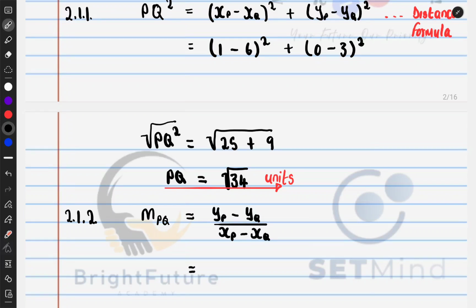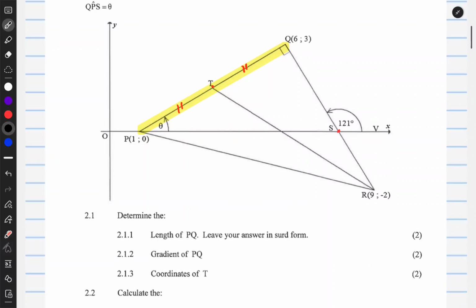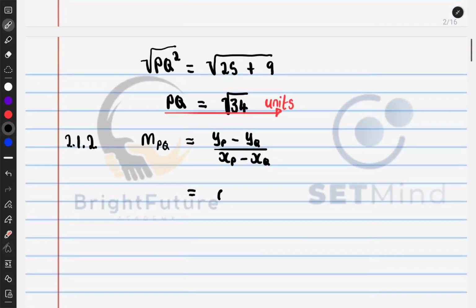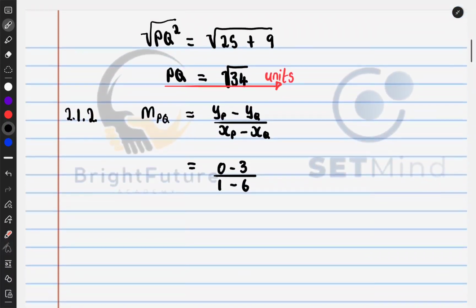This is going to be equal to, the y coordinate of P is 0 and of Q is 3, so 0 minus 3 over the x coordinate, 1 minus 6. That is it.